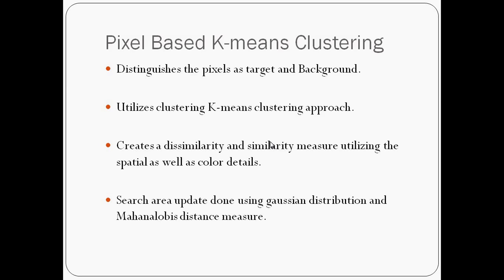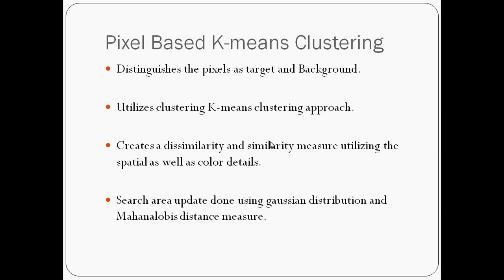With the help of a formula, they determine a Mahalanobis distance, and using this distance, they then try to reassign the pixels new coordinates, and then you go back into an iterative procedure wherein you cluster the unknown pixels. And so this is how this pixel-based k-means clustering algorithm works.